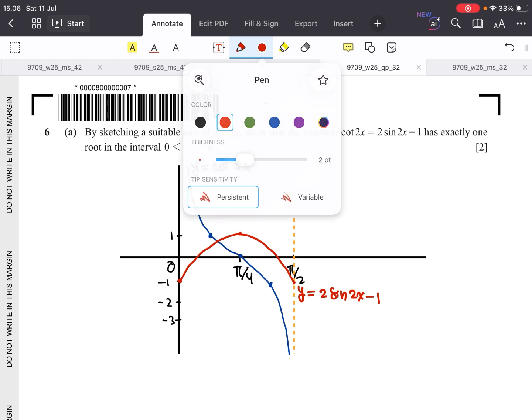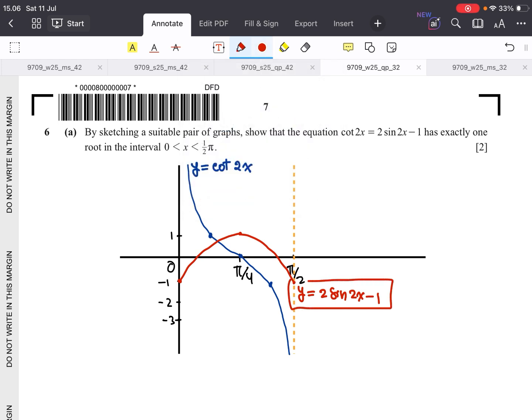And then for the graph of y equals 2 sine 2x minus 1, when x equals 0, 2 sine 0 minus 1 is minus 1. And then when x equals pi over 4, 2 times sine 2 times pi over 4 minus 1 is equal to 1.